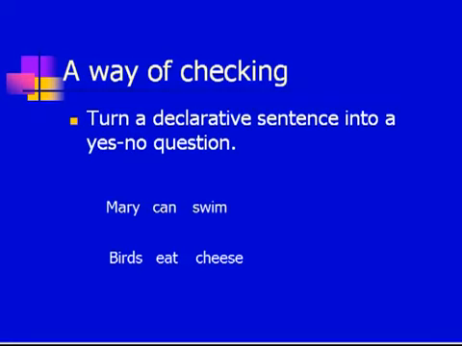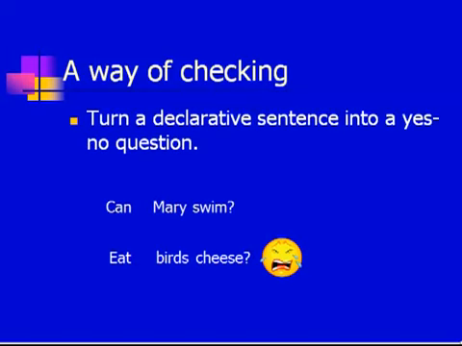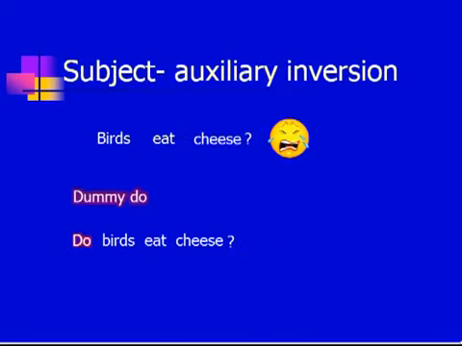Mary can swim, birds eat cheese. So to turn them into questions, you take the verb and put it at the front. Can Mary swim? That works fine. Eat birds cheese? Not fine. Okay, well, what's the difference?